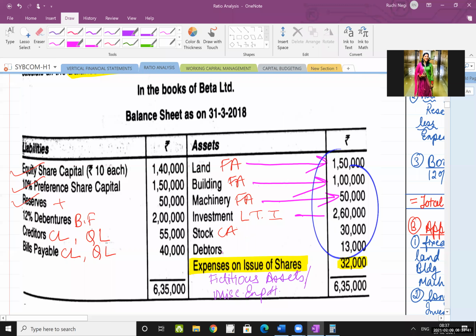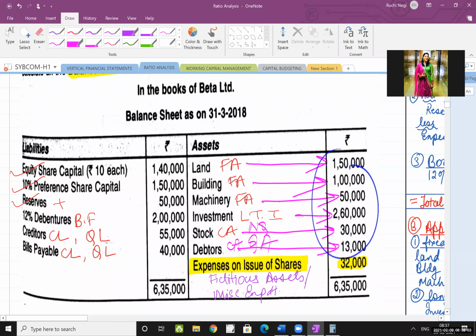Stock, current asset, under the category non-quick. Then debtors, current asset, under the category quick assets. Then expenses on issue of shares, these are fictitious assets, miscellaneous expenditure. Remember, these get subtracted from your shareholders' funds.